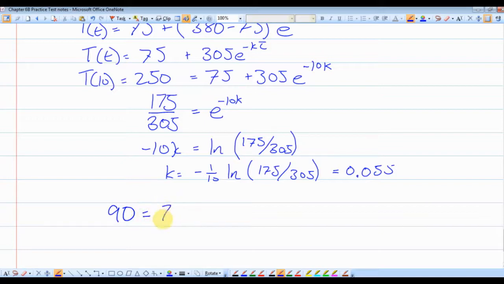So that's going to be 75 plus 305 e to the negative kt. Notice that I'm not actually putting the number there for k. I'm just putting k. k now stands for 0.055. It's the constant of proportionality from the differential equation.